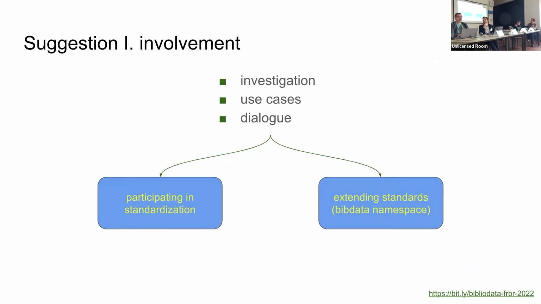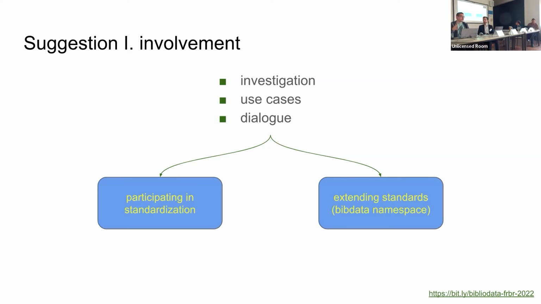So, what are the suggestions from this problem? One is investigation. So we, as collective and individual researchers, should know more about the FRBR model and other metadata in detail.